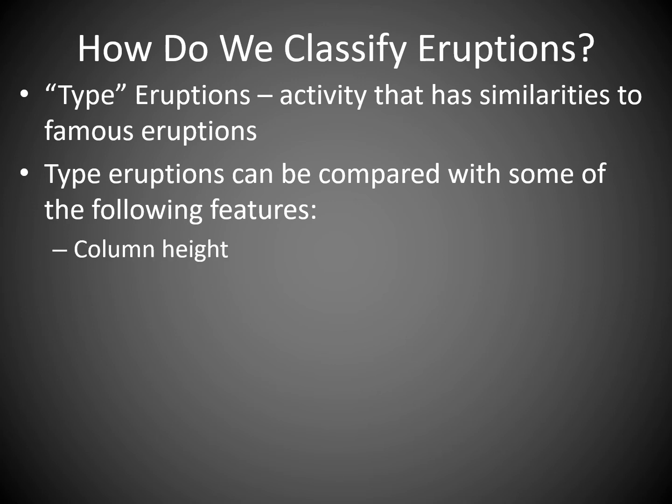Some of the things we look at are if it's explosive, how tall is the column height? How high above the ground is material ejected? Hawaiian eruptions tend to be low columns or no columns. Ultraplinian can go up to 100,000 feet or more. Composition of magma, we know that Hawaiian eruptions form where we have basalts.